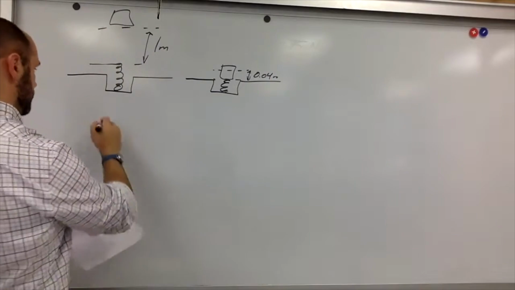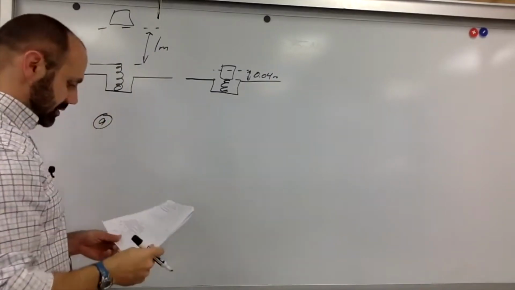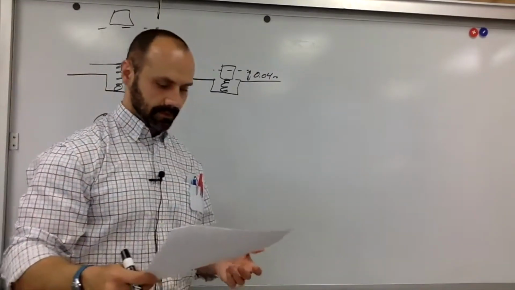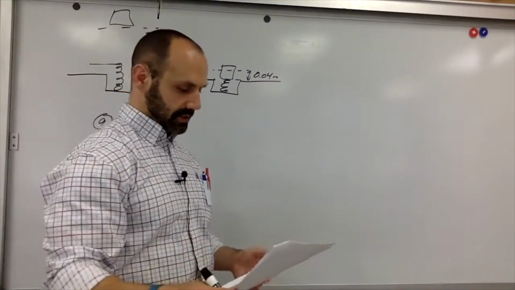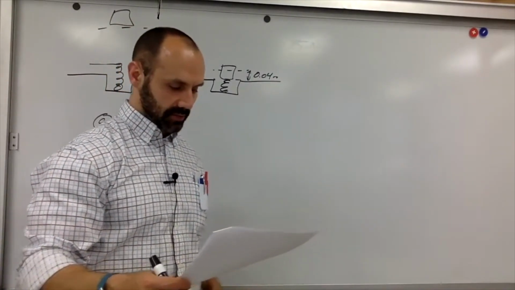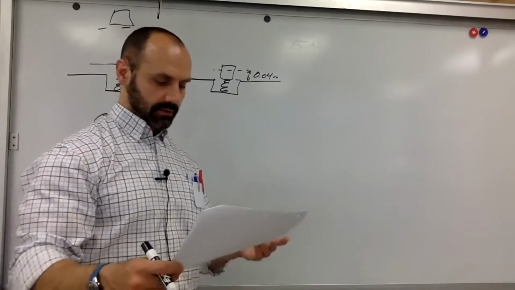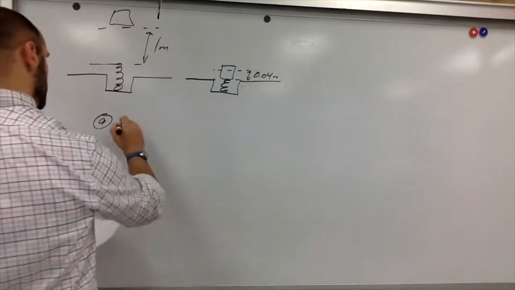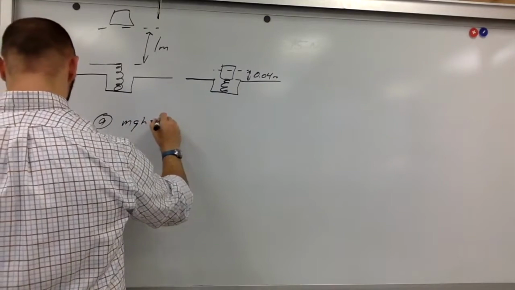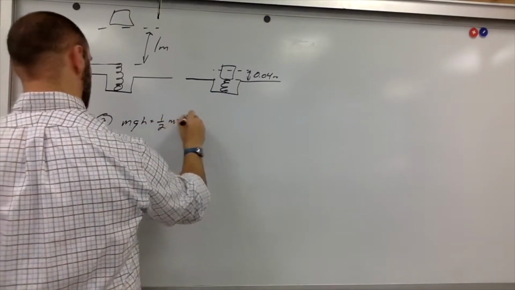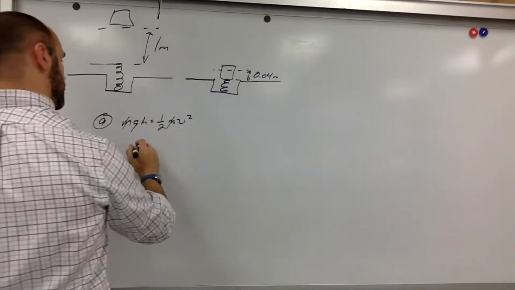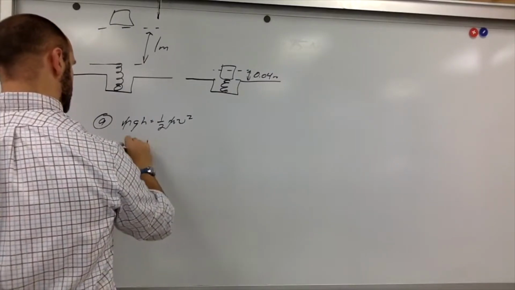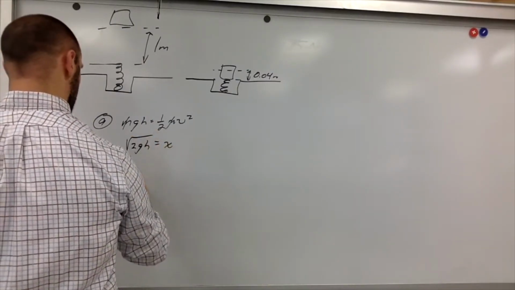Okay, so anyway, let's do A. We can do this a couple of ways. We can do this as mgh, or we could do vf squared equals vi squared plus 2a delta x, whatever you want to do. If we say that mgh equals 1/2 mv squared, the m's cancel out, so you get 2gh, and the square root of that is going to be v.